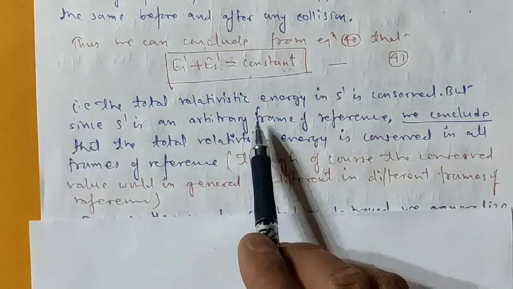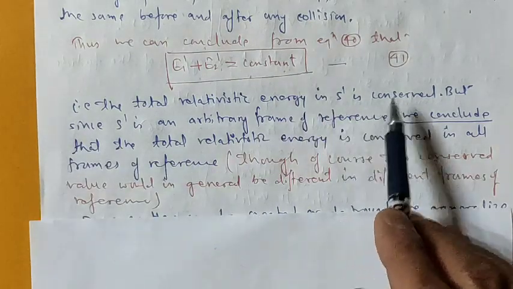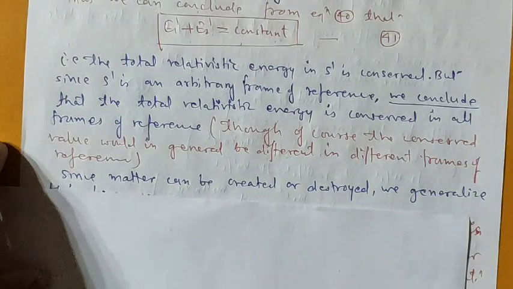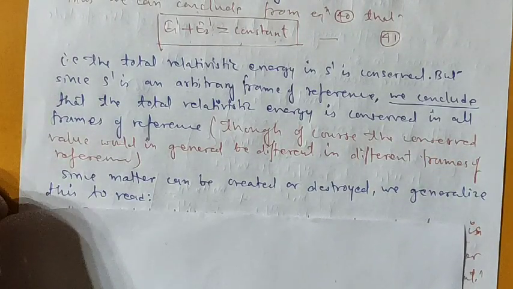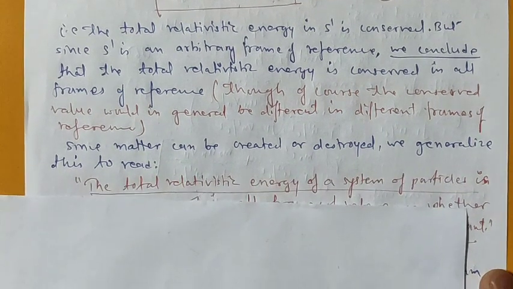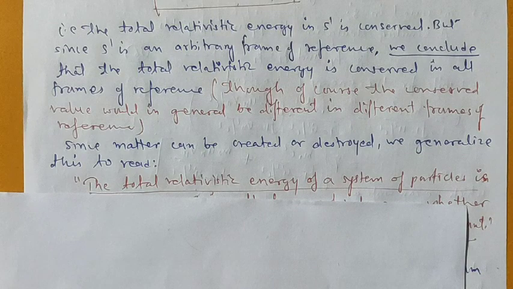That is, the total relativistic energy in S prime is conserved. But since S prime is an arbitrary frame of reference, we conclude that the total relativistic energy is conserved in all frames of reference. Of course, the conserved value would in general be different in different frames of reference, but it must be constant.